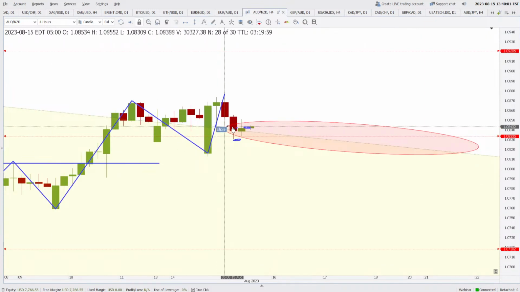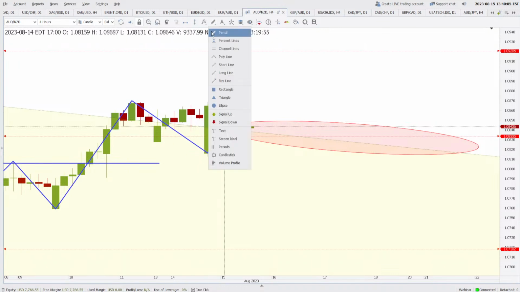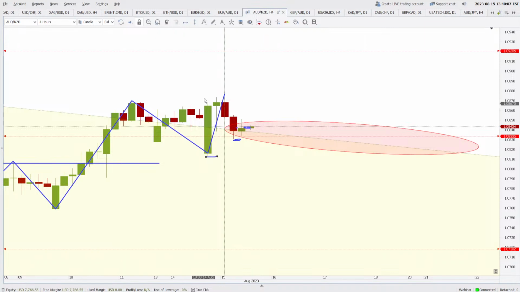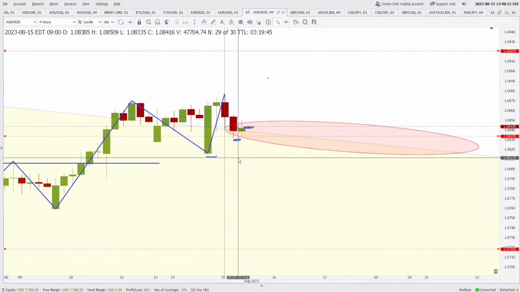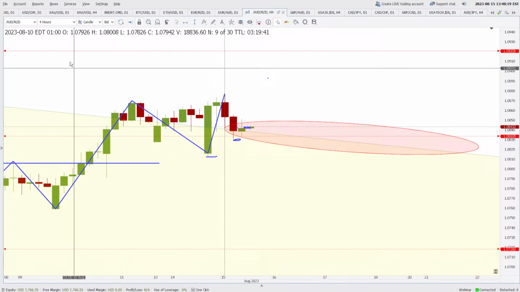But from the daily point of view, if you want, you can keep your stop loss here, and this will be in line with 1.0820 I think. Yeah, here 1.0811, whatever you like.